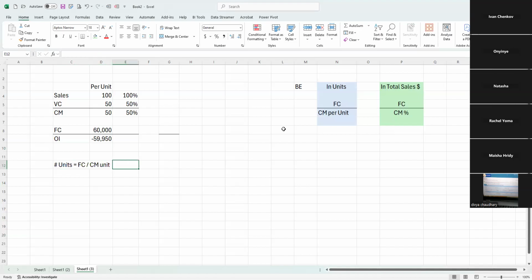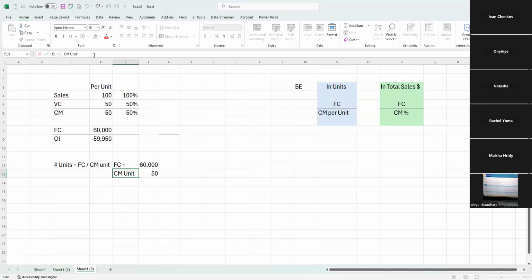Do I know my fixed cost? Yes. Fixed cost is $60,000. Do I know my contribution margin per unit? Yes, I know it. That's equal to $50 per unit.